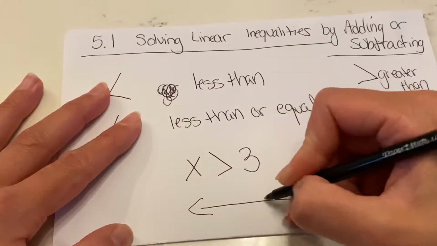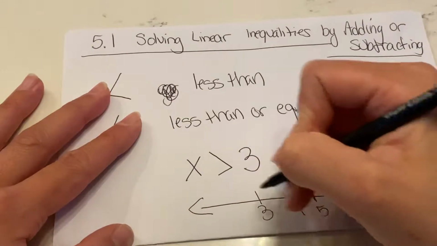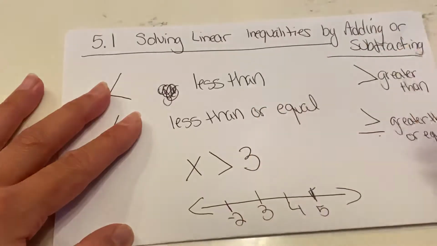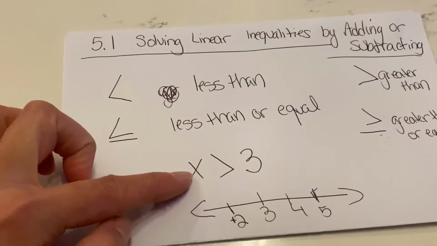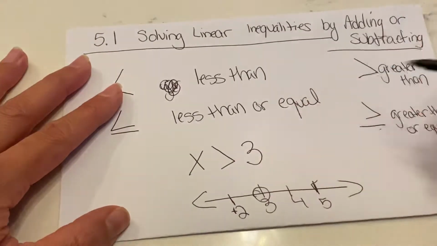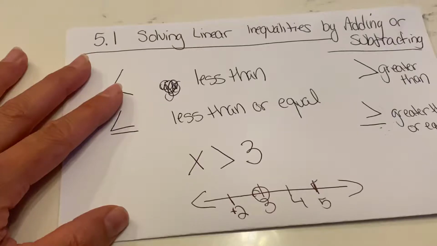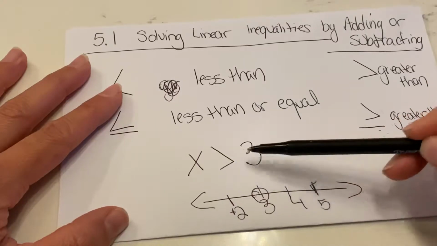When I'm on the number line, X represents all the numbers that are greater than 3. So I'm going to plot an open circle at 3, and I need to shade all the numbers that represent X. So X is greater than 3.